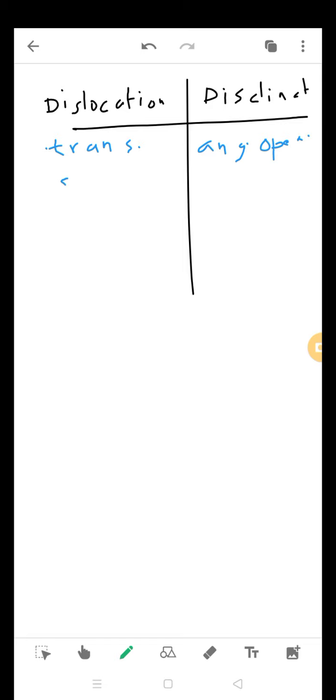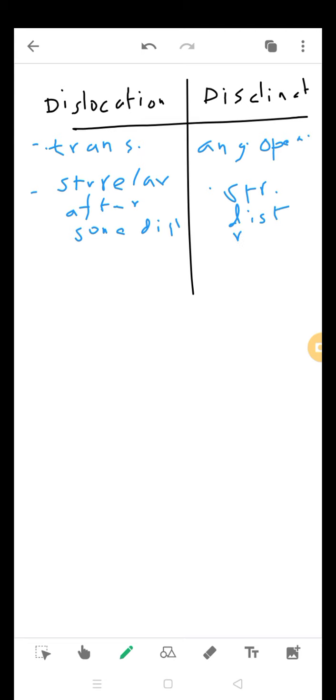So the second point is stress relaxes after some distance, whereas in this case the structural distortion remains.